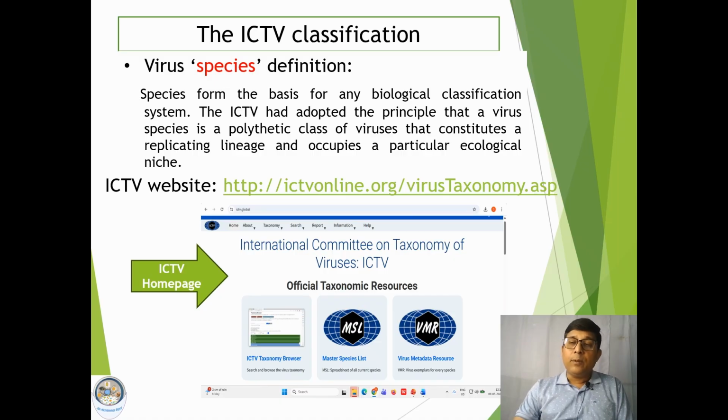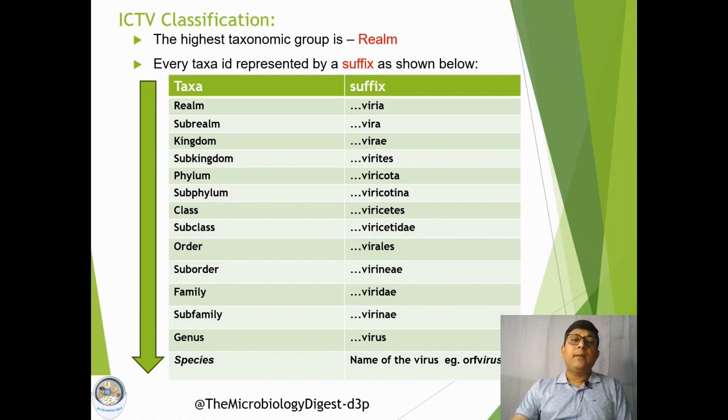As per ICTV classification, the highest taxonomic group for virus is the realm, and each taxon in virus classification is represented by a suffix. Each and every taxon is represented by a specific suffix which is added to name the particular taxonomic classification for a particular virus.